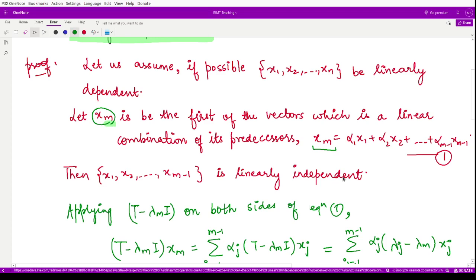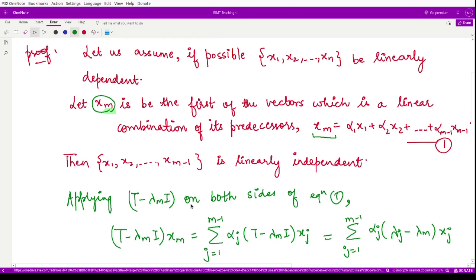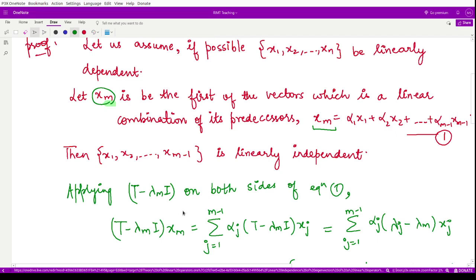So we apply T minus lambda m I on both sides of equation 1. On the right hand side we have the summation of alpha j xj, where j varies from 1 to m minus 1. When you apply the operator T minus lambda m I, it is applied to every term.